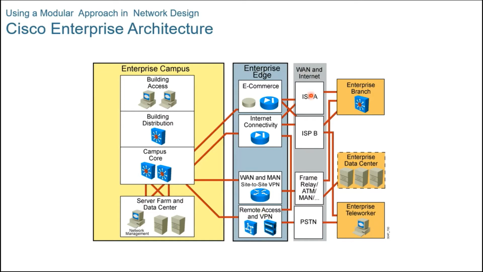Okay, so next would be the Cisco Enterprise WAN and MAN and site-to-site VPN module, which is also part of the enterprise edge. Now, it offers the convergence of voice, video, and data services over a single network, which enables the enterprise to span large geographic areas in a cost-effective manner.